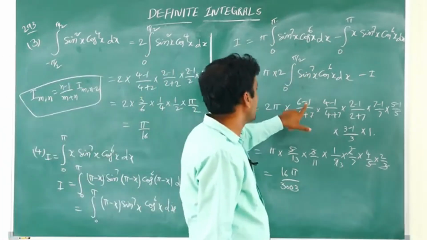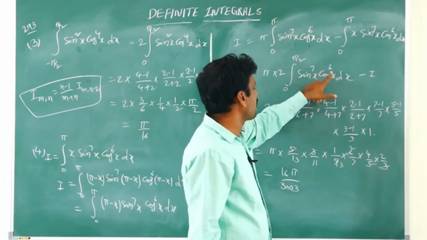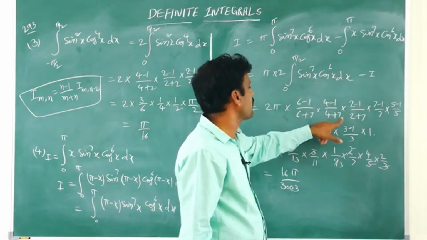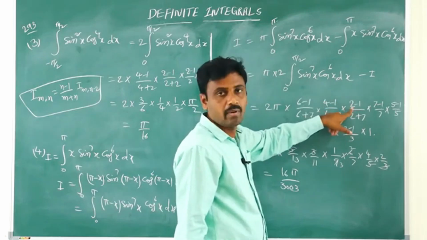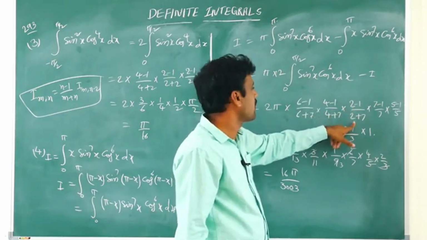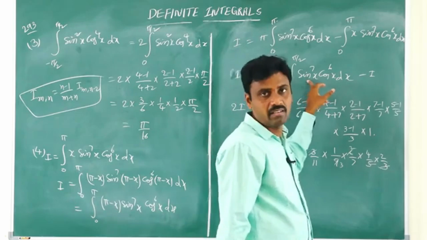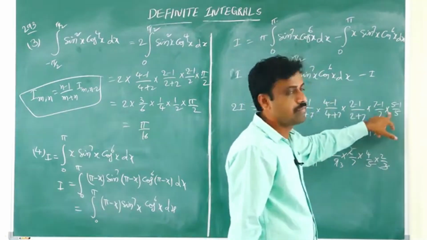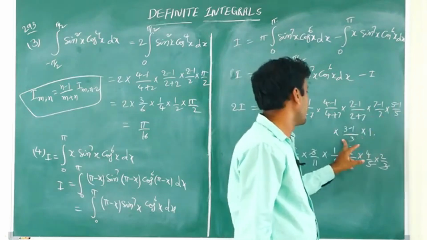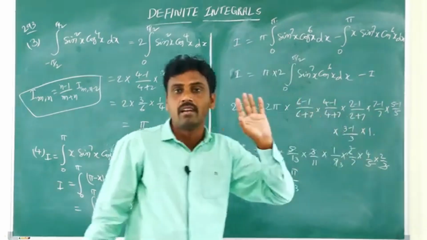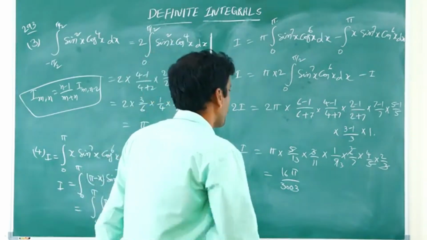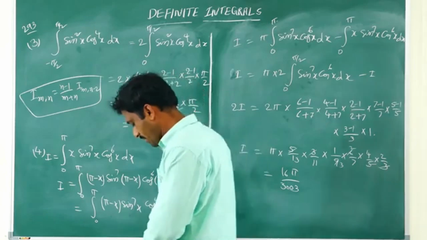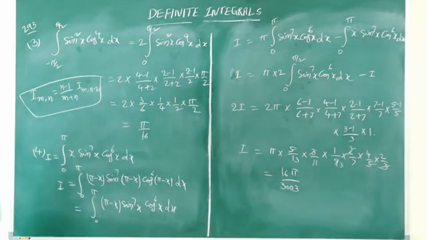That is 4 minus 1 by 4 plus 7, 2 minus 1 by 2 plus 7, remaining part sin power 7. From the reduction formula (n minus 1)/n I(n minus 2): 5 minus 1 by 5, 3 minus 1 by 3, n is odd, therefore last term into 1. That becomes 16 pi by 3003.